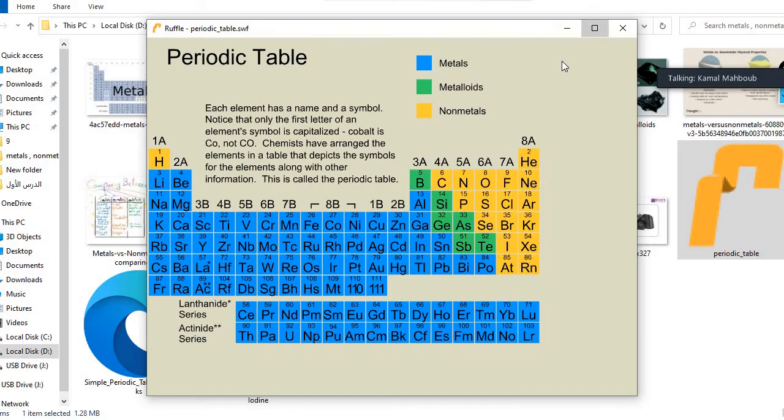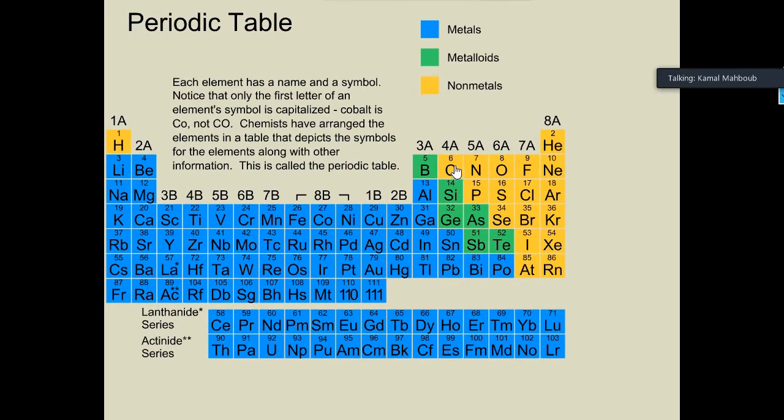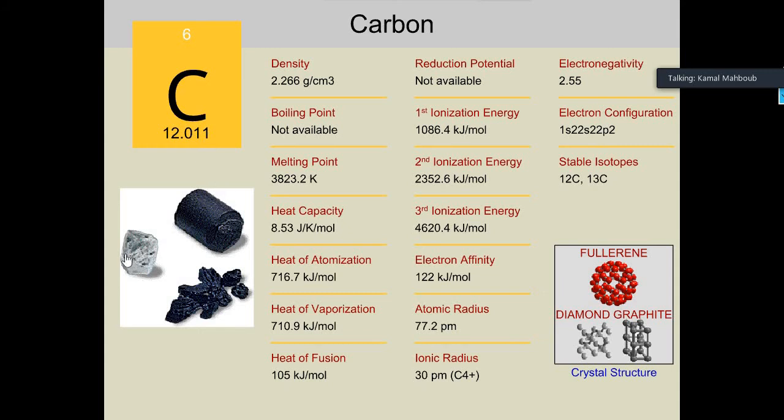As you see here, this is the periodic table, and that is the carbon here. Can you see that? That is the carbon, with atomic number 6. Now this is the carbon, and that is the diamond and graphite and the coal. These are the different kinds of carbon under the ground. If you look here, guys, can you see this crystal structure? That's the crystal structure for diamond and the crystal structure of graphite.